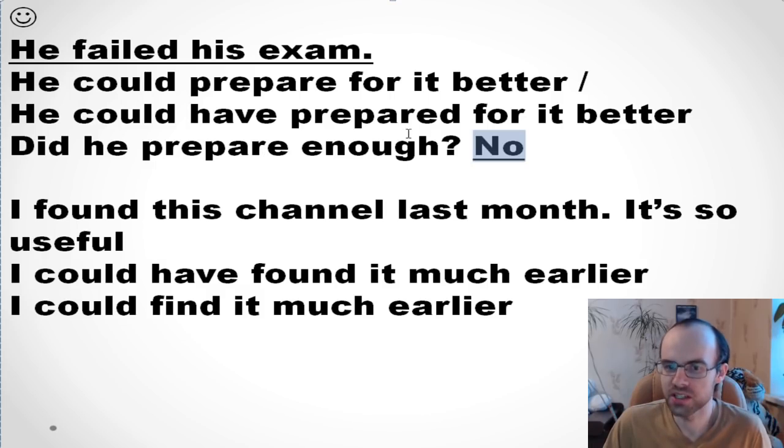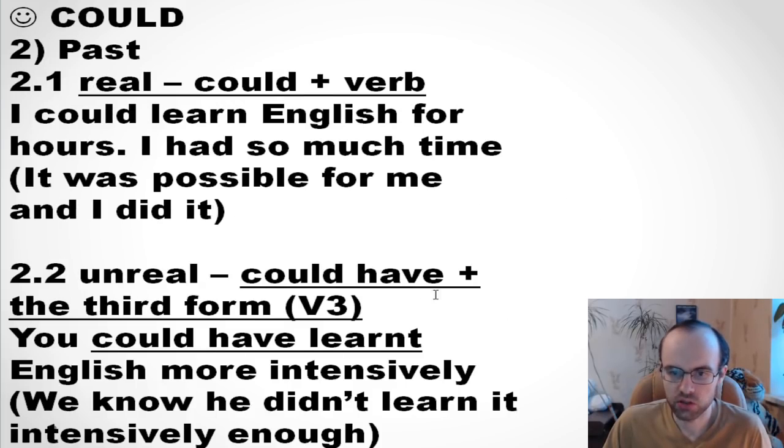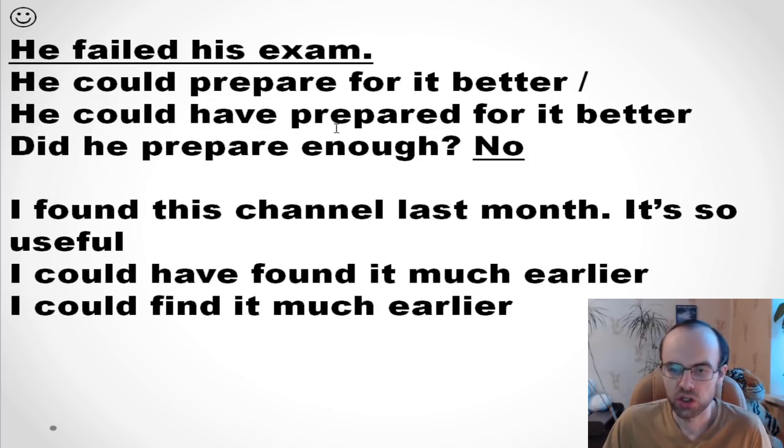So we know that it didn't happen, and we use this structure for unreal. Could have. He could have prepared for it better. So we can say it because we know that it didn't happen.